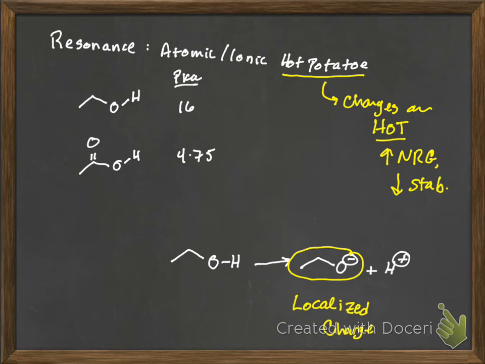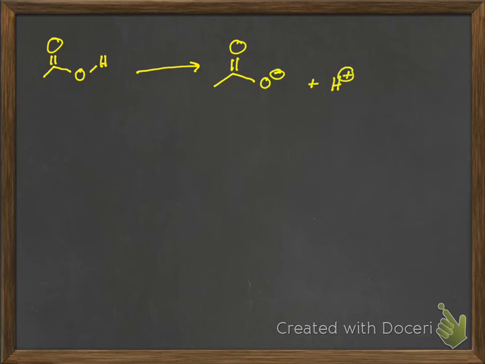All right? Now, let's do the same thing, but we're going to do it with acetic acid. So why, dear God, why is that so stable and the other one isn't?